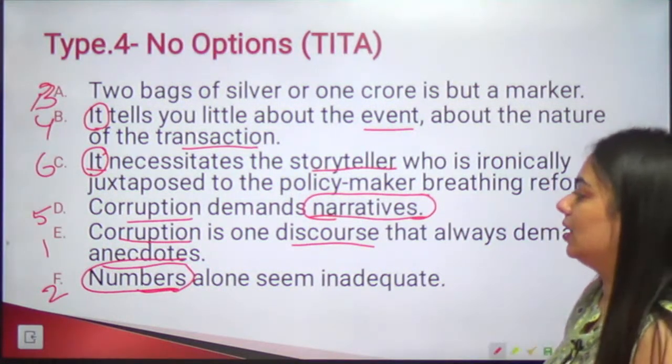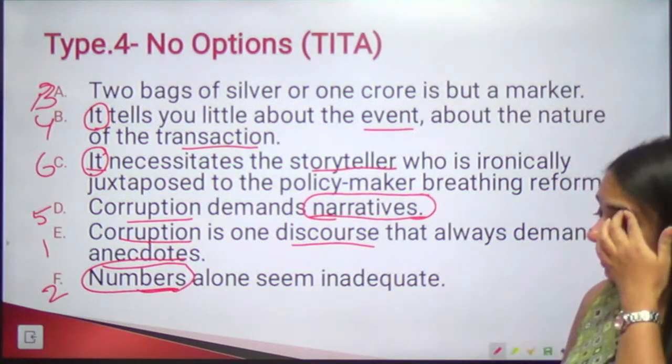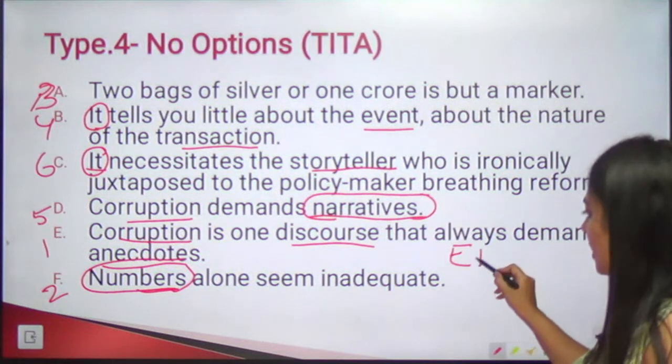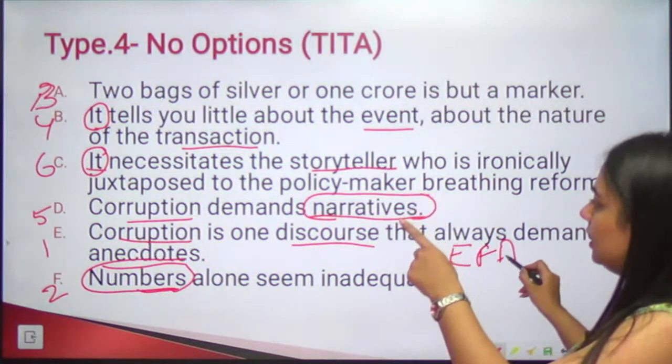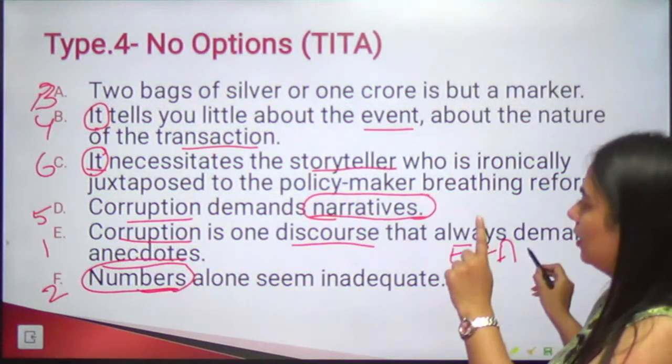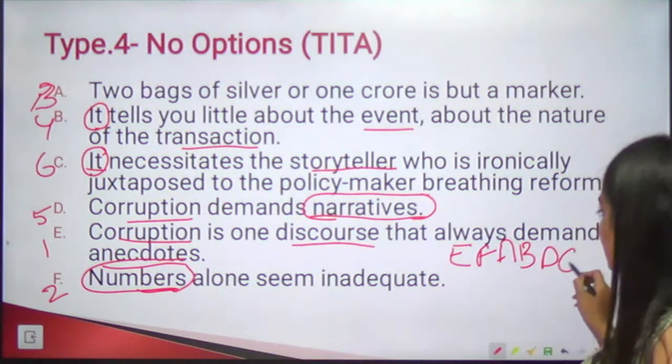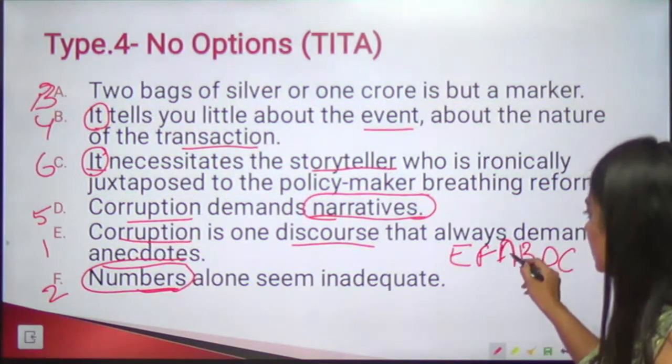So this should be the last sentence. I hope the sequence is clear to everyone. It should be E, F, A, B, D and C. I hope this is clear to everyone.